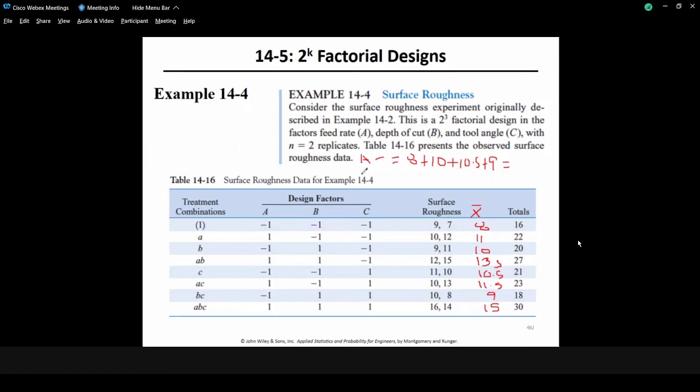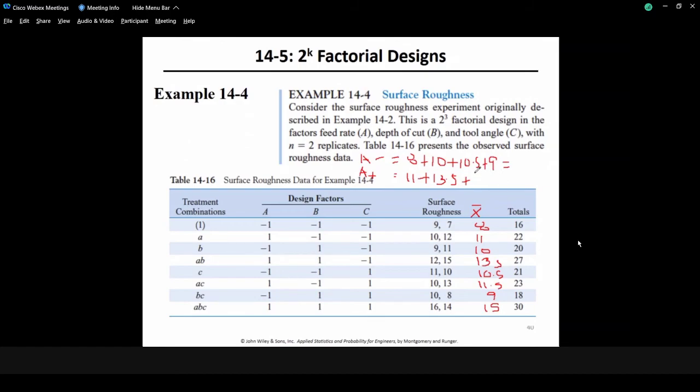Okay, A plus: 11 plus 13.5, 13.5 plus 11.5, is it?